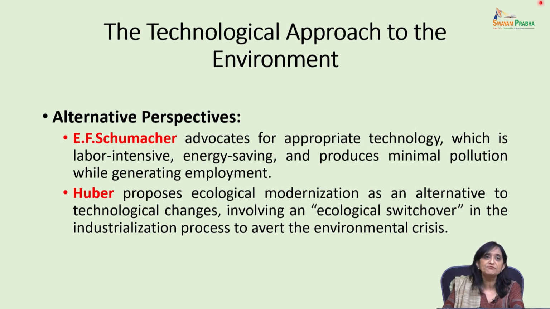We use a lot of thermal power, because of which fossil fuels are burning. Not only is it causing pollution, but it is also displacing humans, hence reducing employment. So Schumacher is talking about using technologies which are labor intensive, energy saving and producing minimal pollution while generating employment. Huber, on the other hand, proposes ecological modernization as an alternative to technological change.